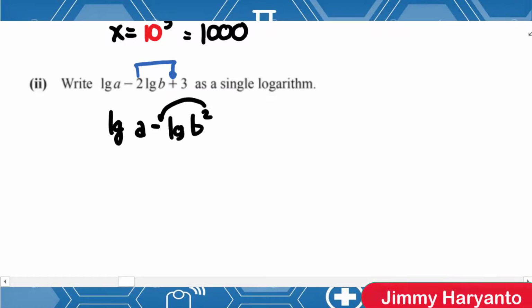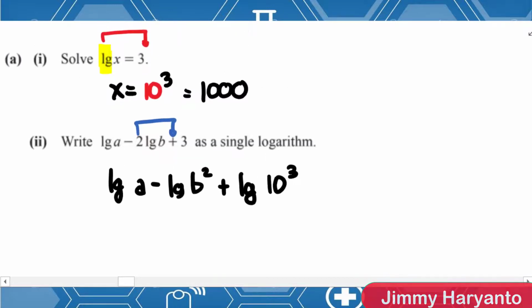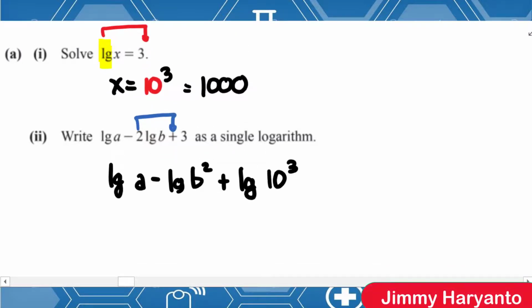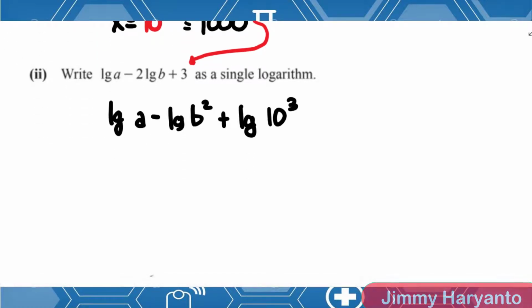When you have numbers in front of lg, you can move the numbers to the powers. So for 3 you can change the 3 into 10 to the power of 3, or you can use this answer to change the 3. lg how much equals 3? lg 1000.